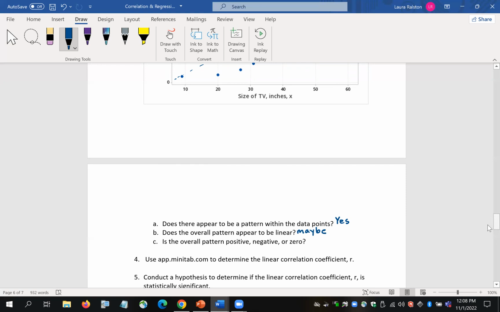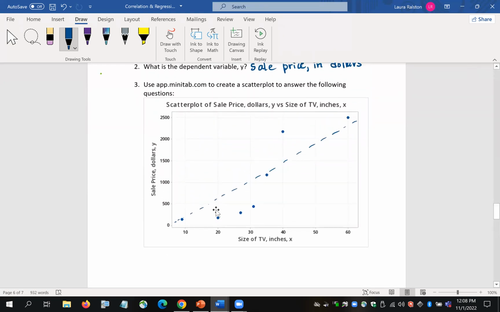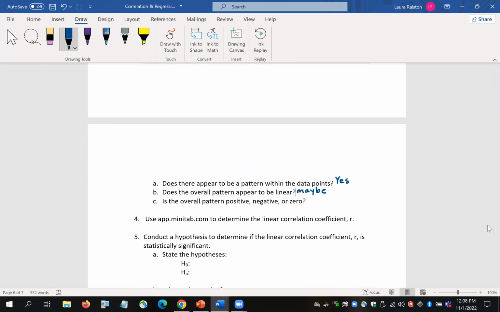But I definitely can see that regardless of the pattern, it does appear to go up as we move left to right. So the overall pattern would be positive. That's our eyeballs.